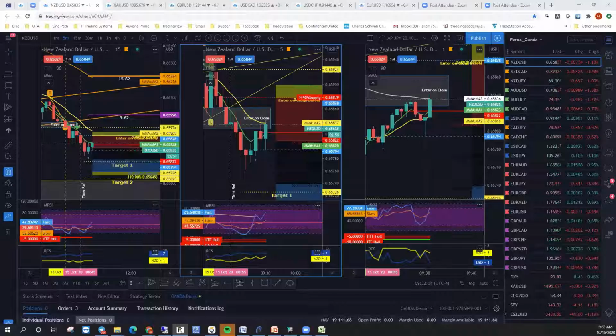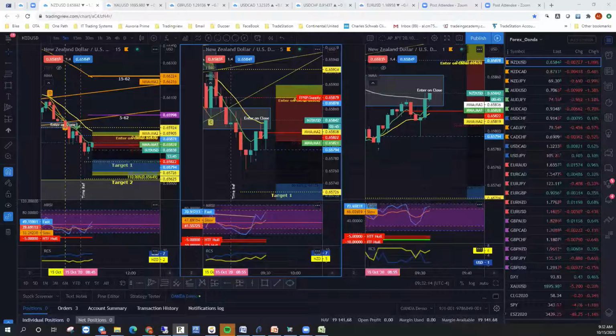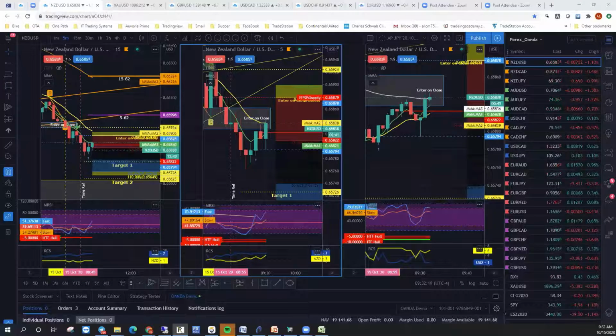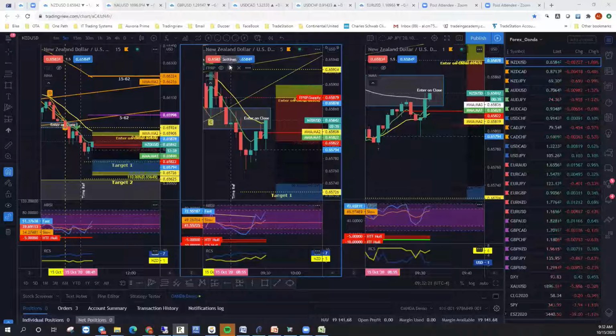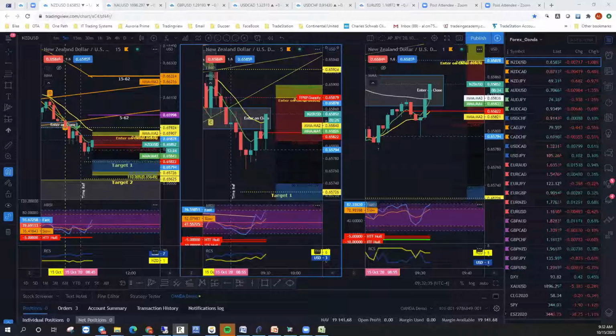It looks like the Swiss is a possibility for taking it short. We are looking at dollar strength or dollar weakness on the Swiss. We're looking at dollar weakness now on the New Zealand.